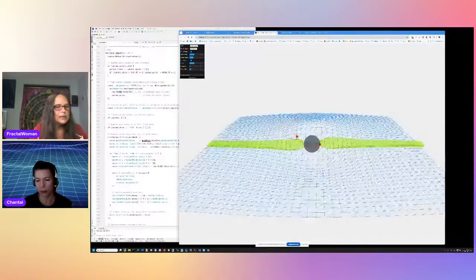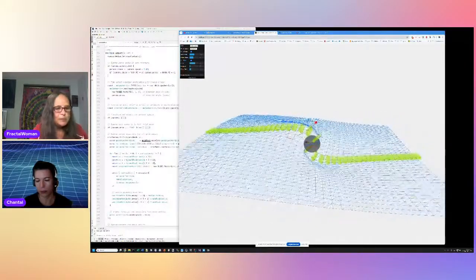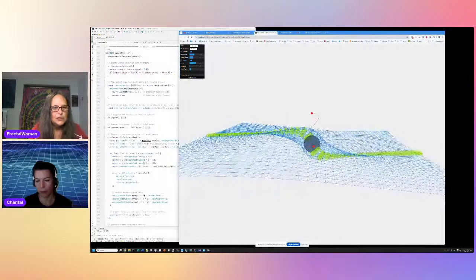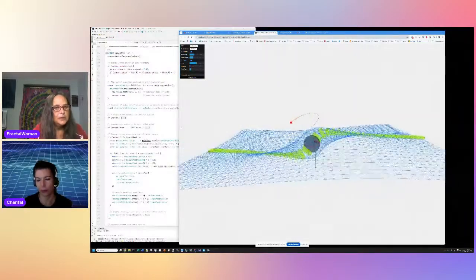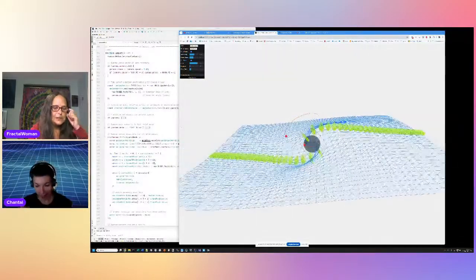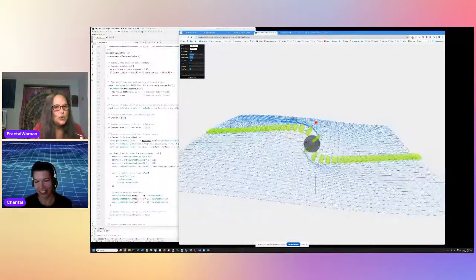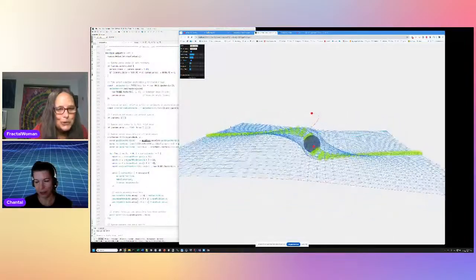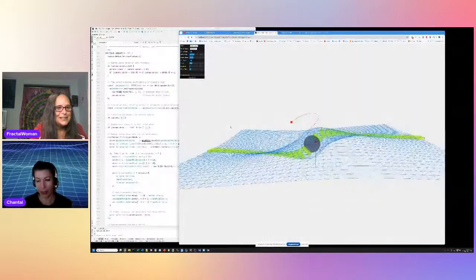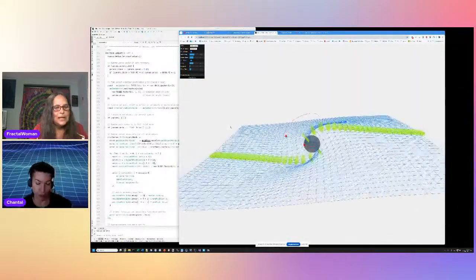Now I'm looking into how to implement these spring masses to actually implement the medium for real. That'll be cool. These are just animations that show what the simulation should do.